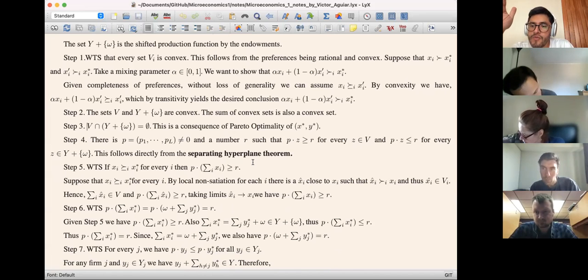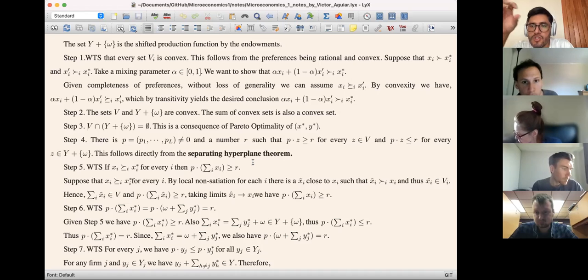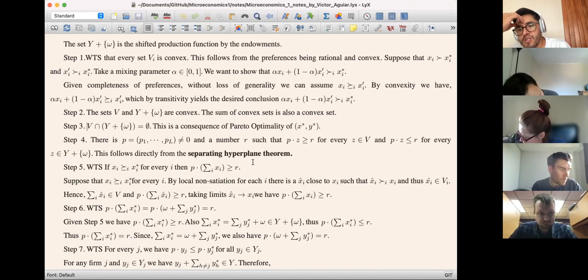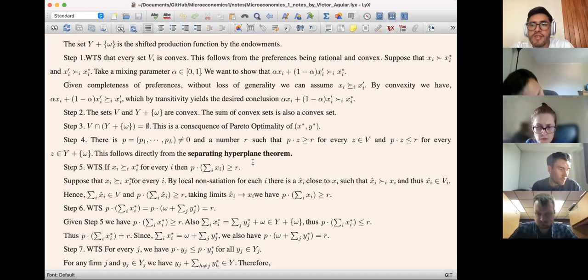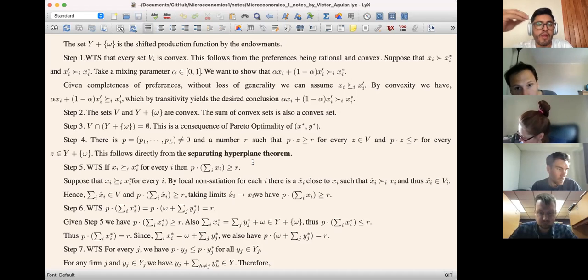It's not exactly utility maximization. So this is condition 2 in the definition of price quasi equilibrium. And then condition 3 is market clearing. So the rest of the steps are going to be designed to show that this price system is going to induce a price quasi equilibrium with transfers, okay?